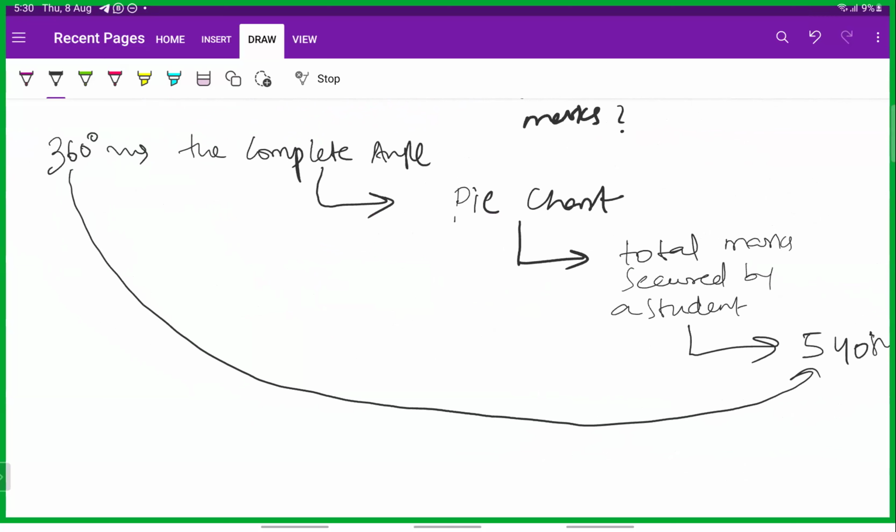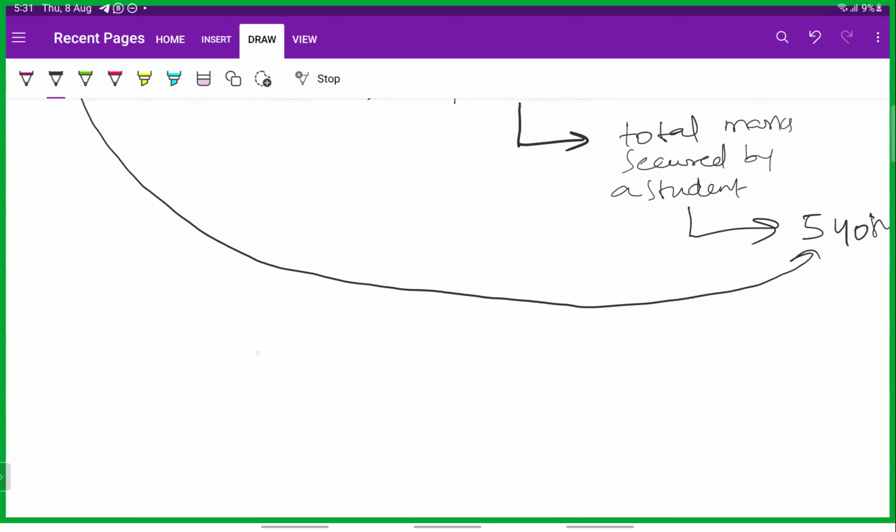Why? Because this pie chart is mentioning the complete marks, that is total marks secured by a student. So if this pie chart is making on the whole how much? 360 degrees. So these 360 degrees will be equal to 540 marks, that is scored by the student.